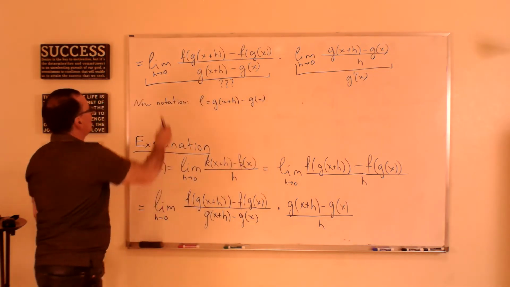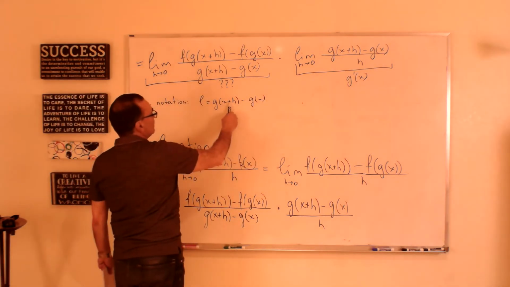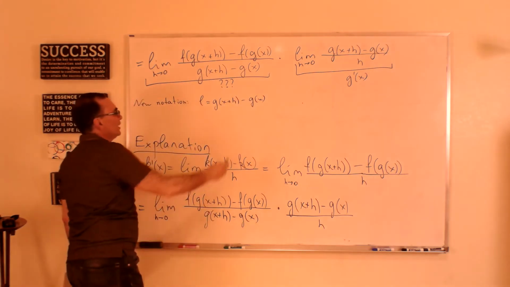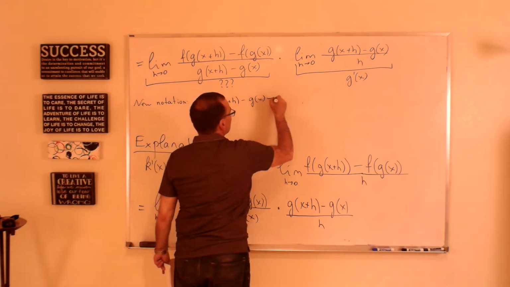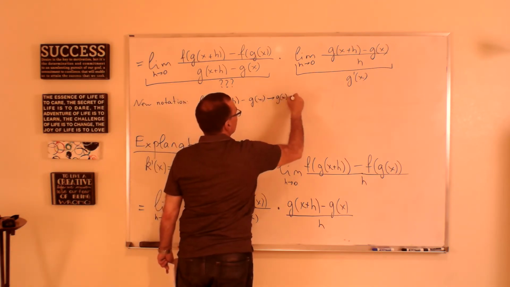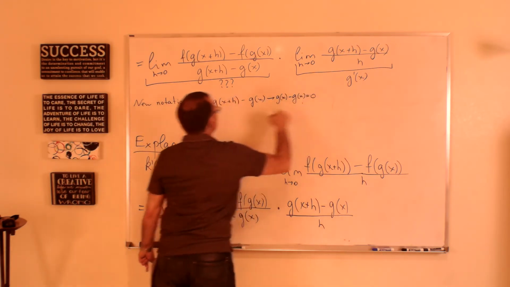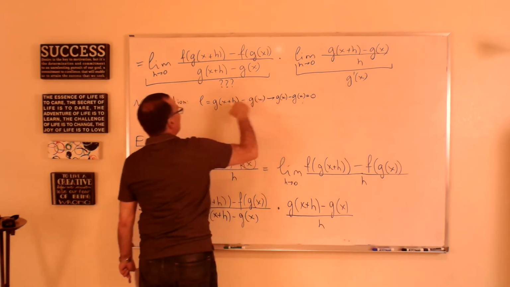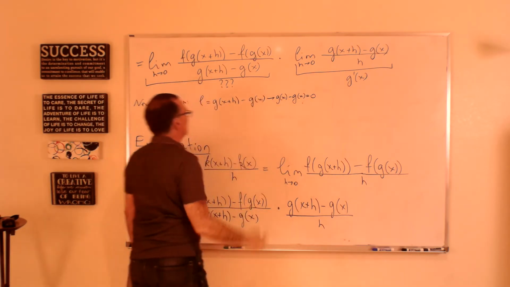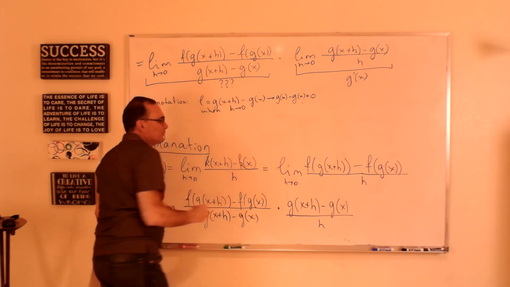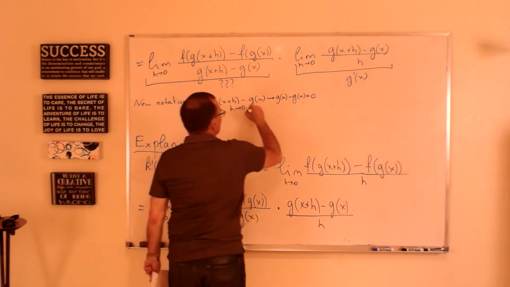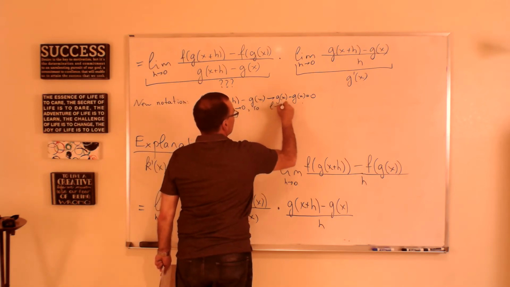Now, since h approaches 0, that means g of x plus h minus g of x approaches g of x minus g of x, which is again 0. So L also approaches 0 when h approaches 0, which means h becomes small.